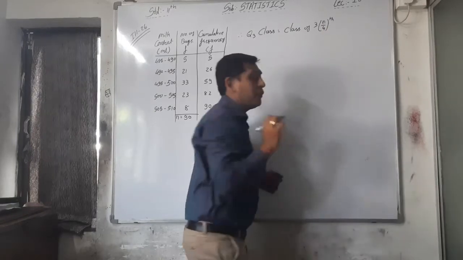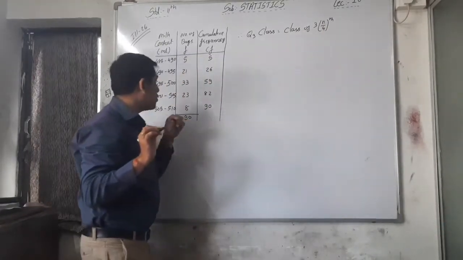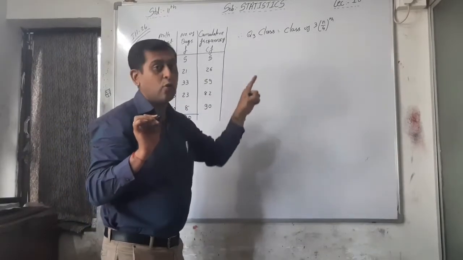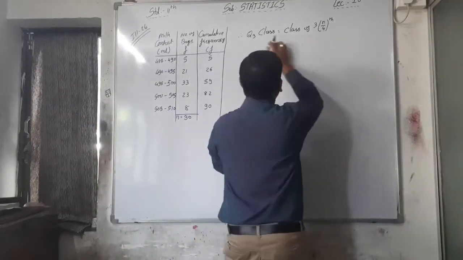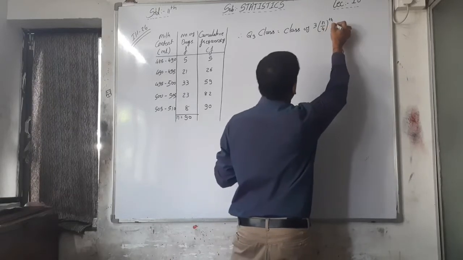See, you don't have to write here n plus 1, because in continuous grouped data the formula is n by 4, not n plus 1 by 4. Okay, so here 3 for third quartile, 3 into n by 4th observation.